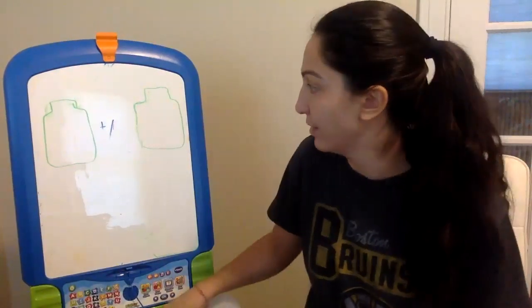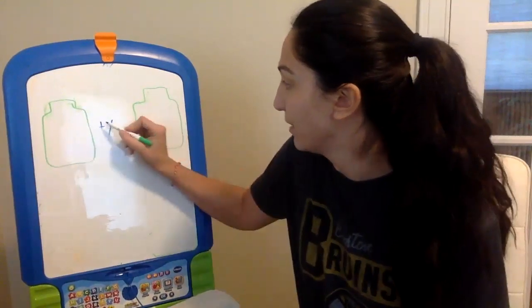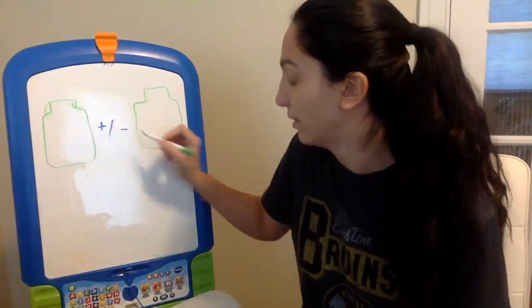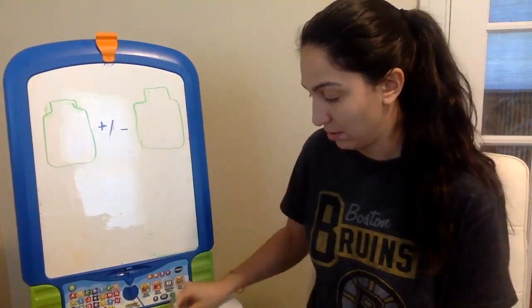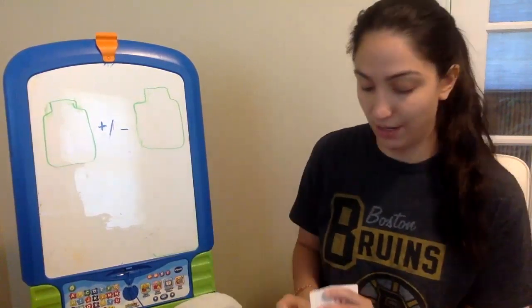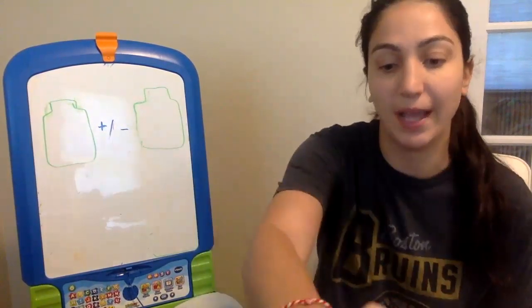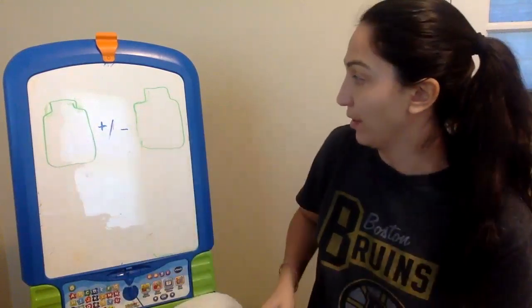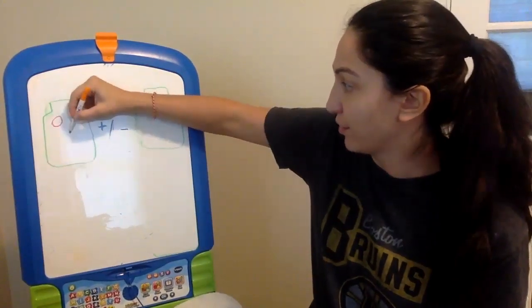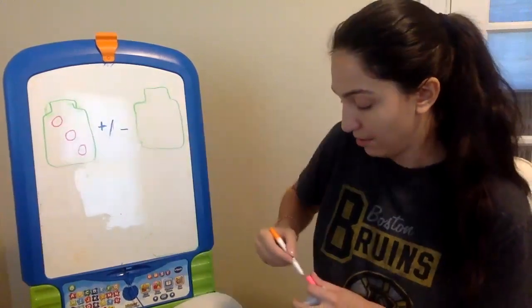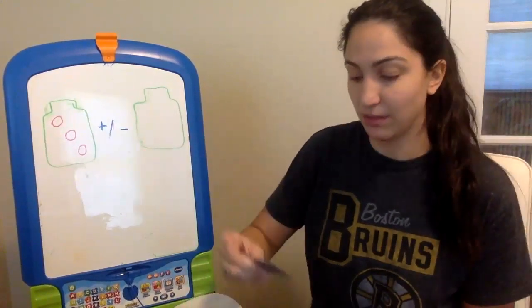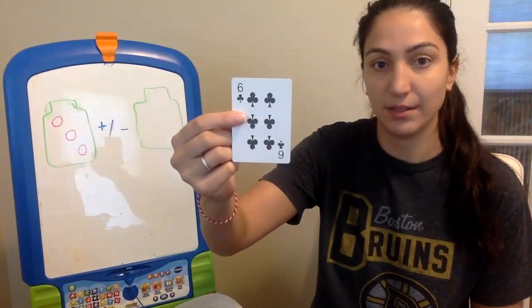All right, so here is my other card. I'm going to put plus minus again. All right, so this card is 3 again. So I'm going to draw 3 pennies in my first jar. And my next card is 6.